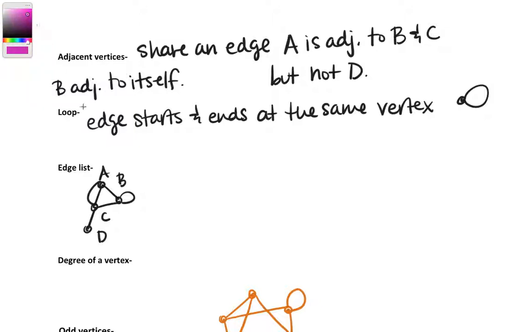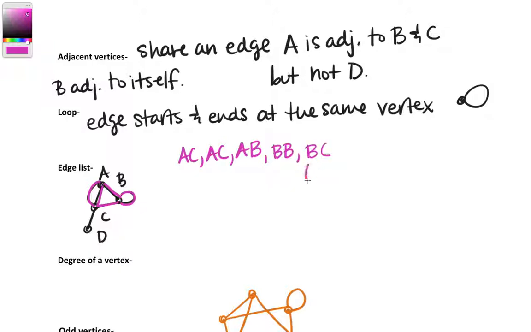First we can deal with this edge. That's edge AC. Then we've got this one, which we're going to list twice because it's drawn twice. Then we've got AB. And that loop goes from B to B, so we write B to B. We have an edge here from B to C.